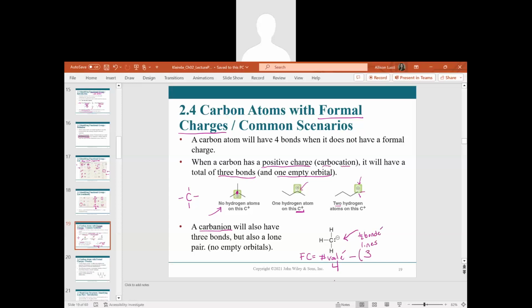So we have 1, 2, 3, plus the number of lone pair electrons, and we can call those dots. So we add 3 lines plus 2 dots, and we get 4 minus 5, for a formal charge of -1. So this carbon has that negative charge, and if we were unsure, if it wasn't indicated for whatever reason, we would calculate it using this formula for formal charge.